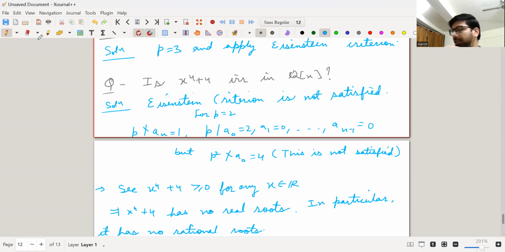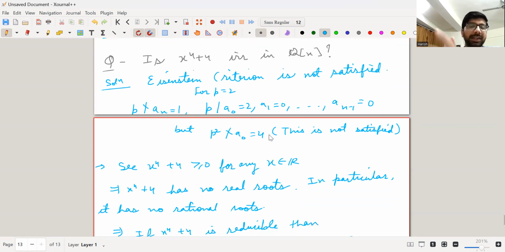So I took it as an example to show you that Eisenstein's criterion is not true in general, but it supports the converse to be true: that if Eisenstein's criterion is not satisfied, then the polynomial is reducible. But in general, even if the criterion is not satisfied, you can get the polynomial to be irreducible.